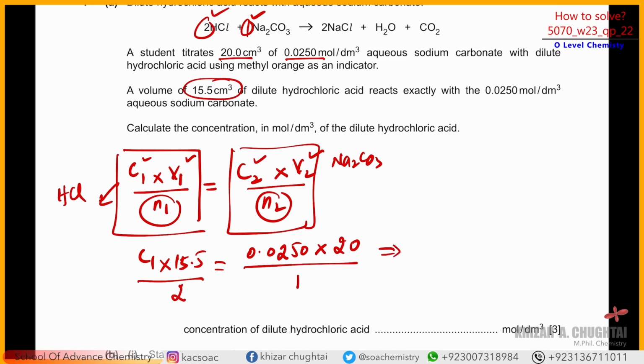So C1, the concentration of the acid, is equal to 0.025 times 20 times 2 divided by 15.5, and the answer is 0.0645.